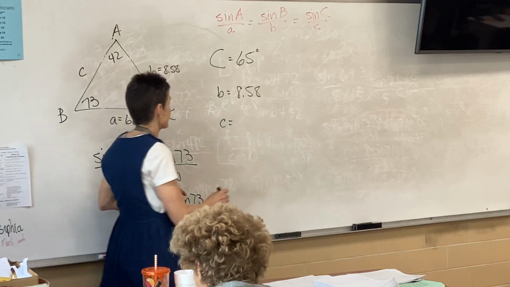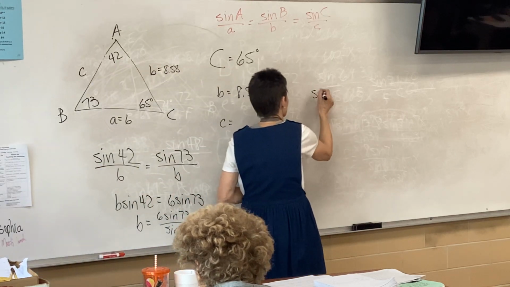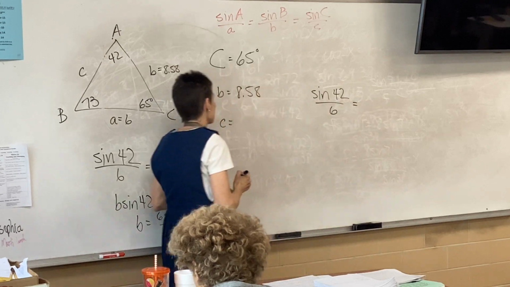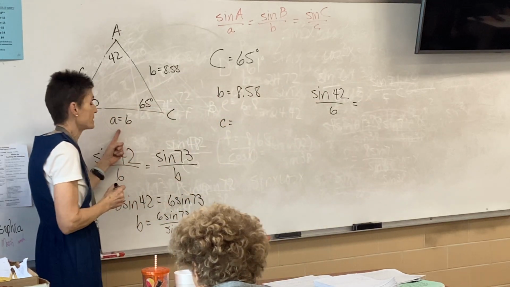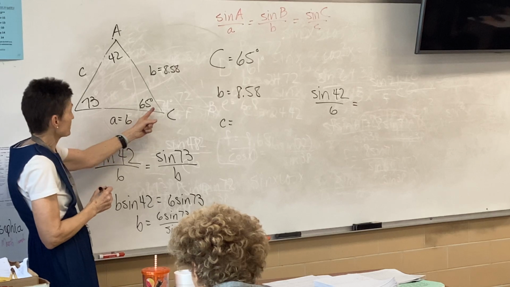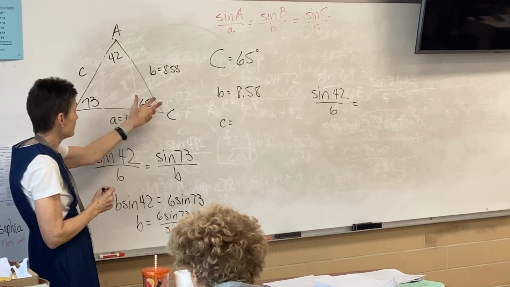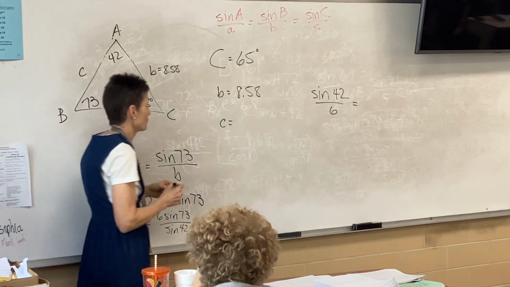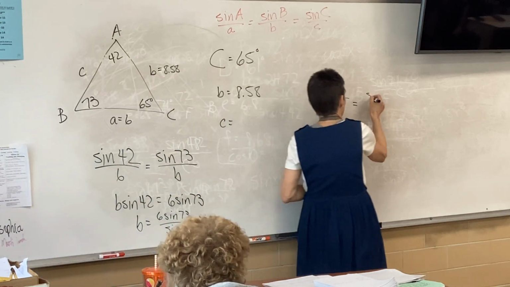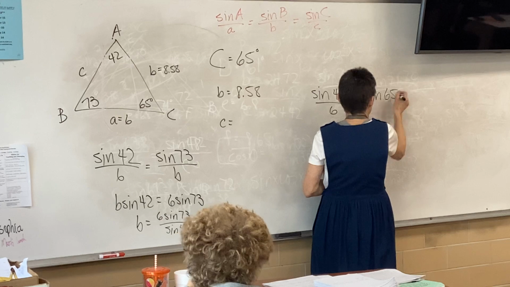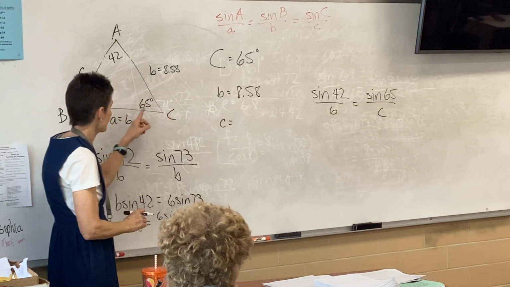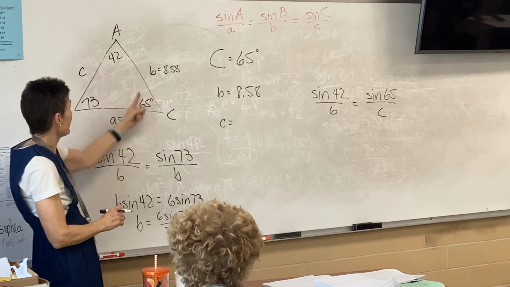So we're gonna say sine 42 over 6 equals sine, in this case, we want C, so we'll do 65 over C. So always start with what you know, your pair.